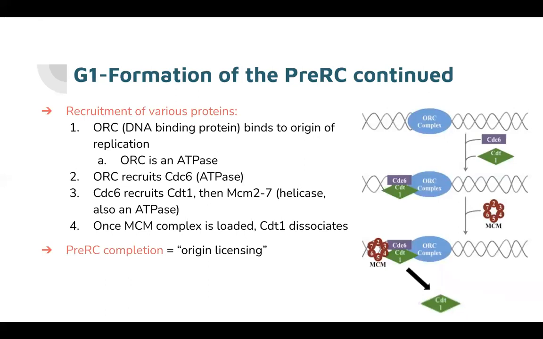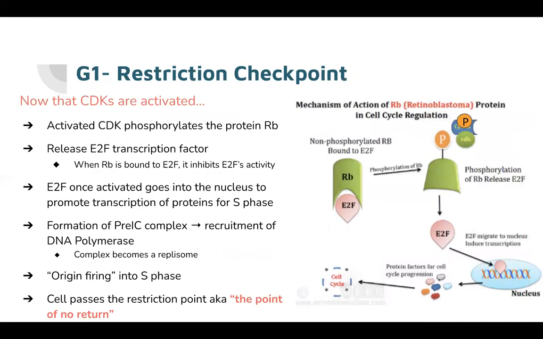Does that make sense? Yeah, so does E2F have anything to do with the pre-RC, or is it just the proteins that it eventually induces transcription of that go to the pre-IC? I've asked Laura this. She has to check the literature, but from my knowledge, I believe the proteins that E2F induces transcription of are the proteins that are added onto the pre-RC to form the pre-IC.